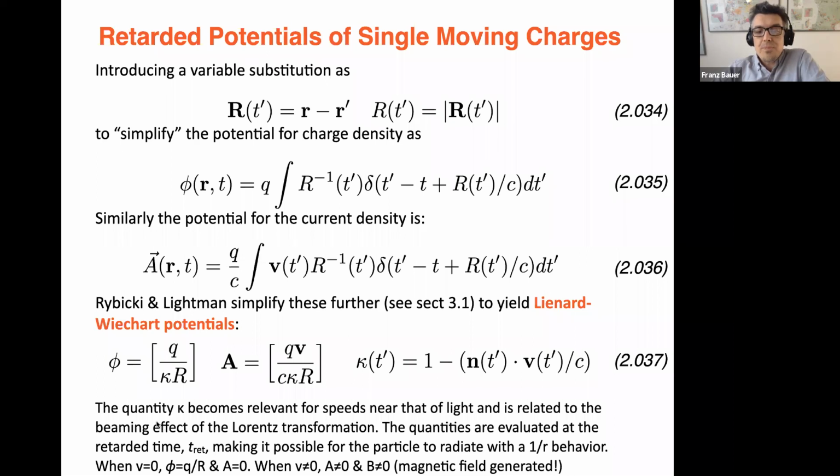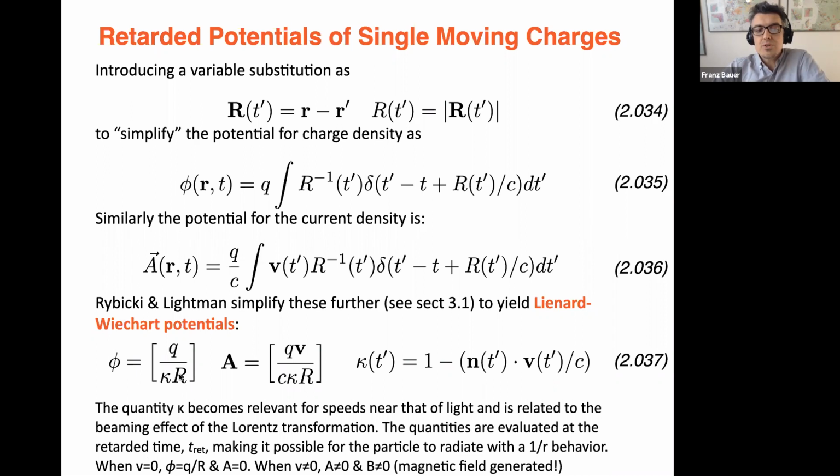Okay, so we notice that these have a 1/r behavior as before, as for the classical derivation of the perpendicular electric field. And we also notice that when v is 0, when there's no velocity, this is 0, this is 1, this is 1. This ends up being the same, right?